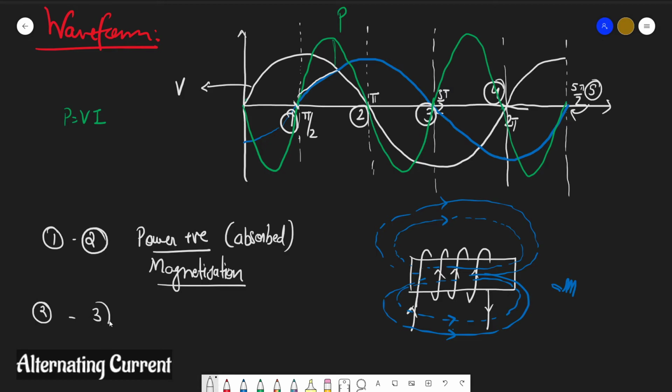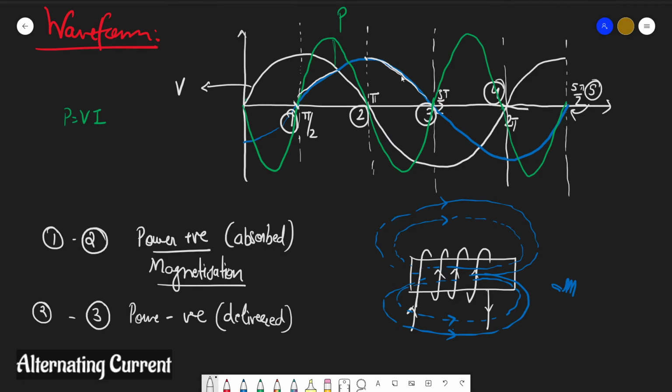Let us see from 2 to 3 now. What is happening in 2 to 3? Now voltage has become negative. Since voltage has become negative, current is positive, power is negative. Power is negative, it means it is now delivered. In this range, the power is now delivered. And secondly, you see the current from 2 to 3. After this point, the current starts to fall. This is a decreasing slope.